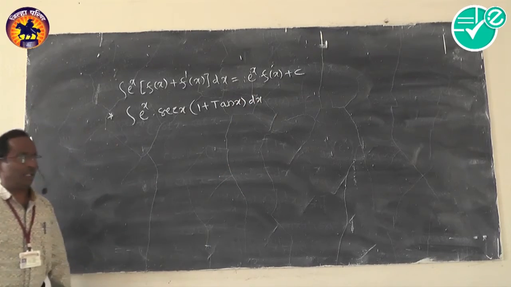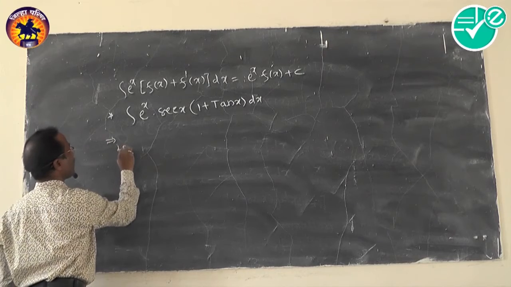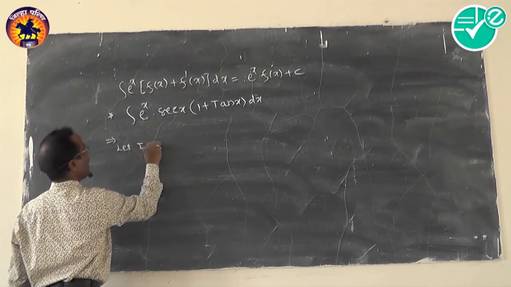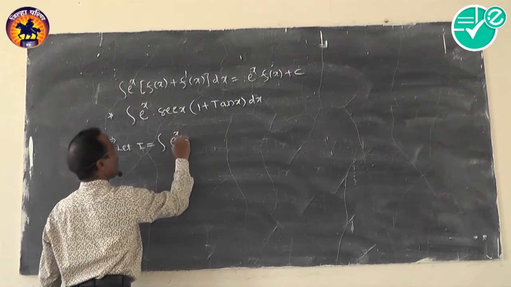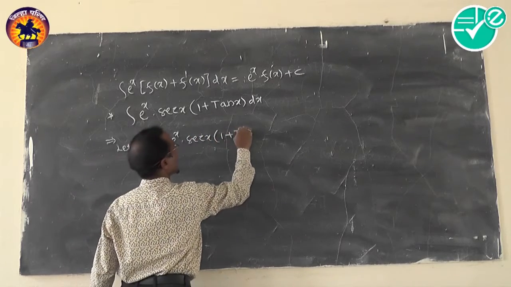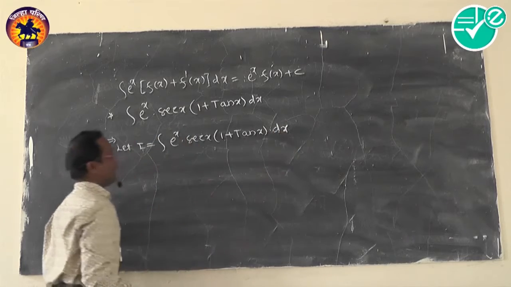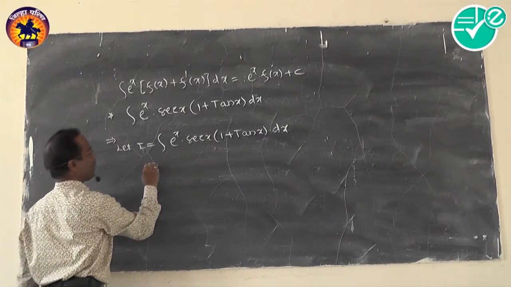Now we want to find the solution of this example. Let I is equal to integral of e to the power x into sec x into 1 plus tan x into dx. Now multiply by sec x to this bracket.